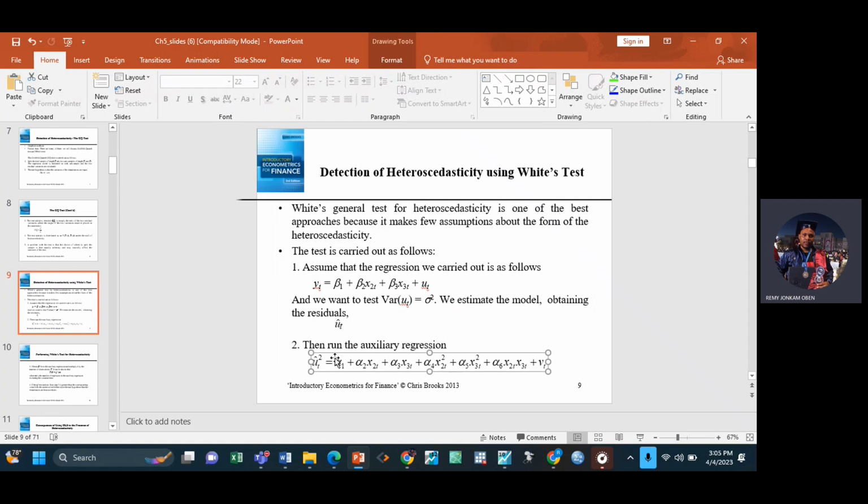Then the independent variables in the second regression are the same independent variables you have in the first regression, plus their squared values and the product between them. So you square this, and then you find the product. Understood? Okay.